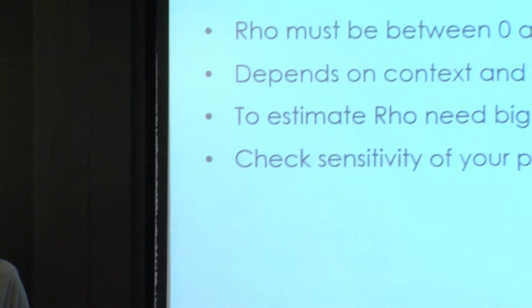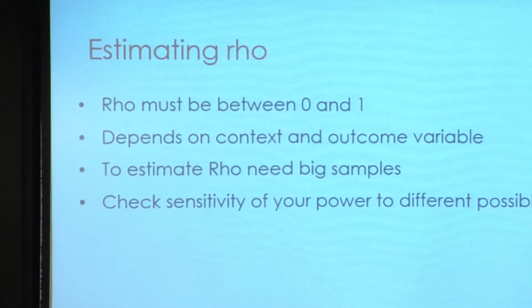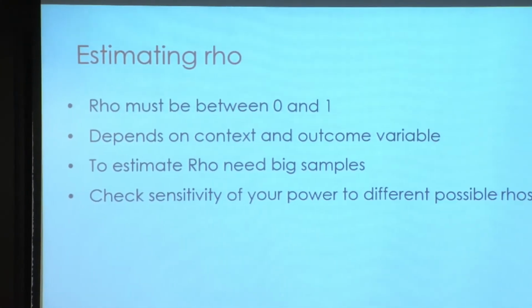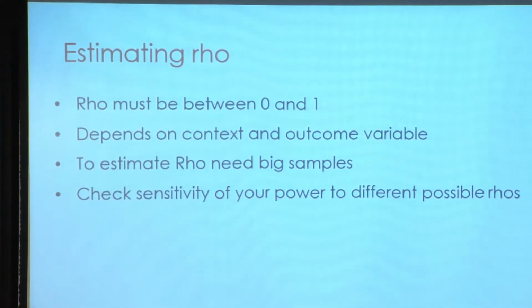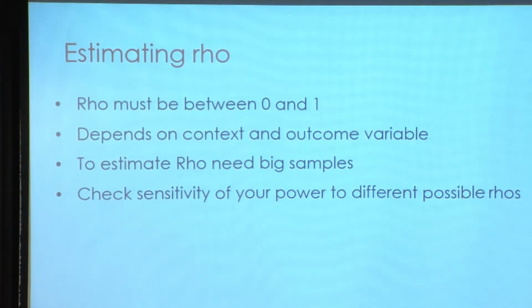So estimating rho. This is our intra-cluster correlation. Rho has to be between 0 and 1. Remember, it's the proportion of variance. It's a proportion, so it has to be between 0 and 1. Really depends a lot on the context in which outcome variable. Some outcome variables can be very correlated within area. Some aren't.